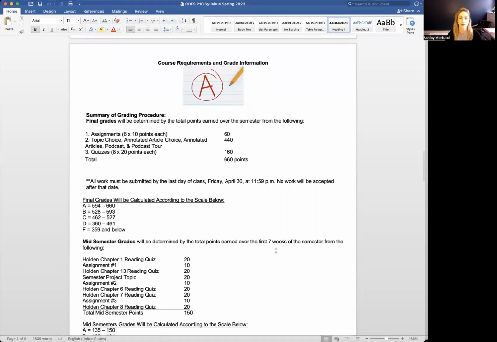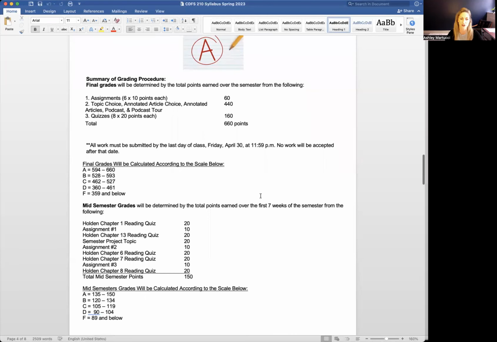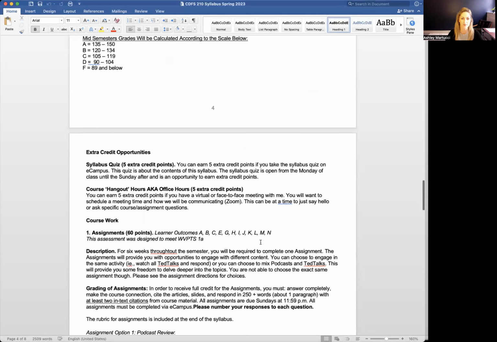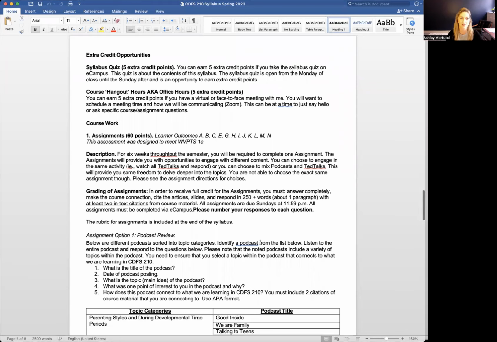The next part is about course requirements and grade information. You can see the breakdown, you can see the final grade breakdown, and then also your mid-semester grades. These are important for you so you know exactly what is expected and what is due within the certain time period, so there are no questions. We're going to kick off the semester with some extra credit.